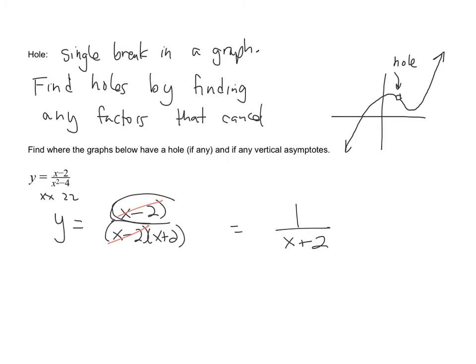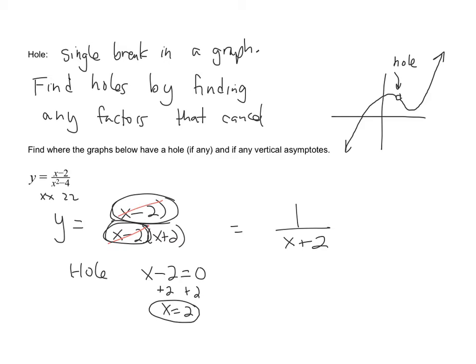So because this x minus 2 factored out, we'll have a hole wherever that equals 0. So since x minus 2 equals 0, at 2, we have a hole at 2.